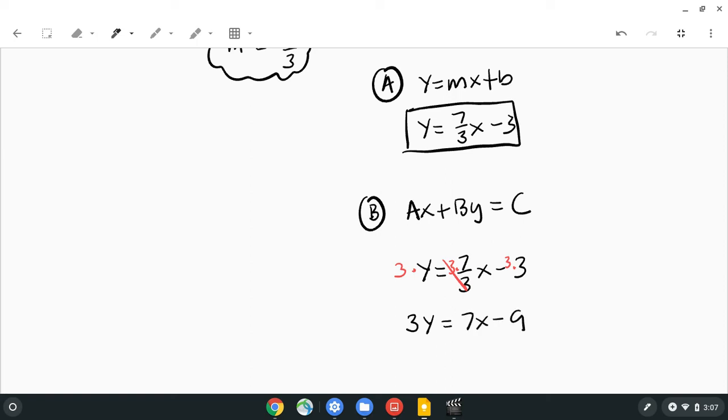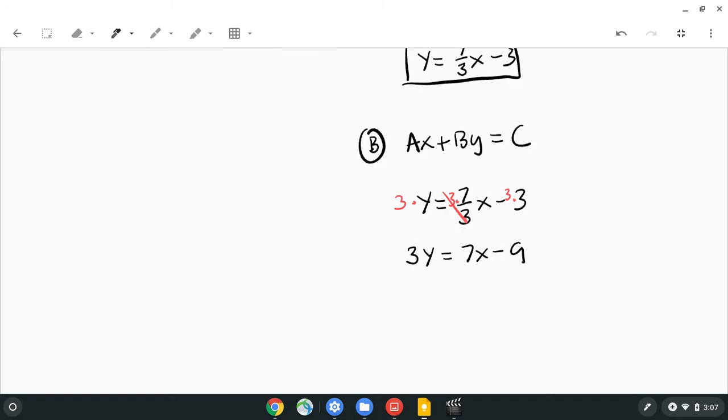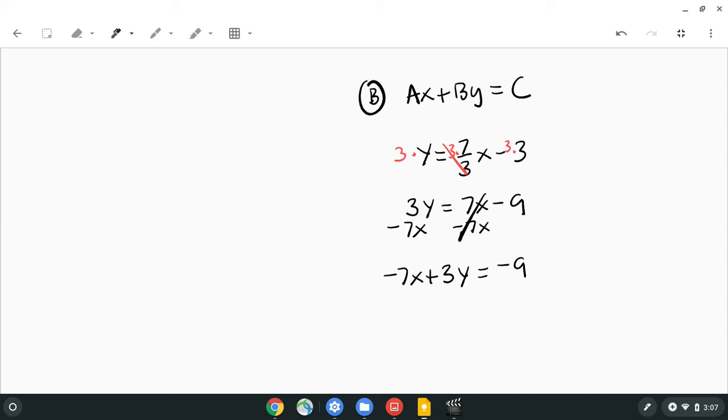So we are almost in standard form. The x and the y term have to be on the same side. So minus 7x. So negative 7x plus 3y equals negative 9. For me, I like the old classic definition of standard form where all of the numbers are integers, no fractions, and also a, which is the coefficient of x, is positive.